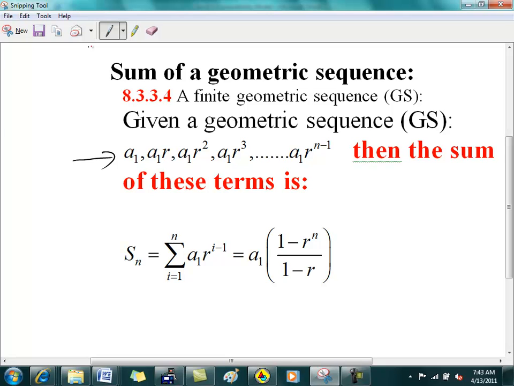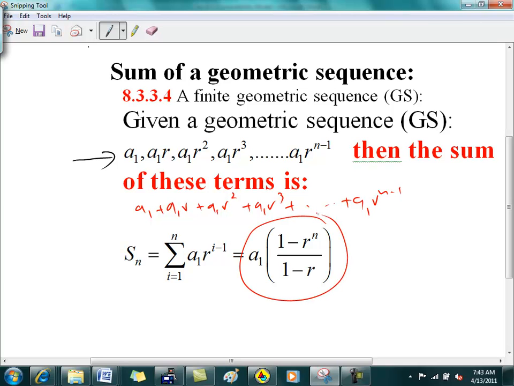Okay. So if I wanted to add all of them up, if I wanted to add all these terms up, and so on, up to the nth one, then here's your formula for that. All right, is everybody okay on that?